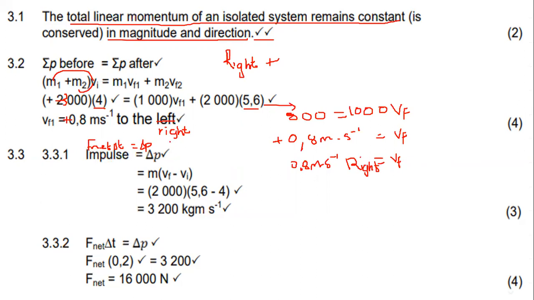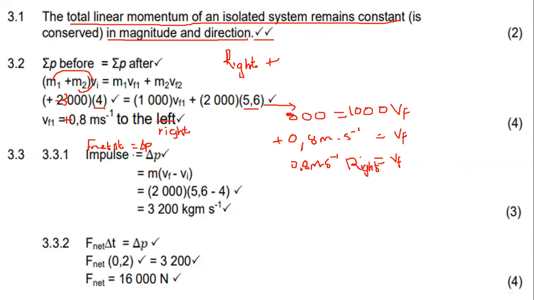And my advice is always start with that formula, because this is the one that we give you in your formula sheet. Then you can tell them that F net delta T is actually impulse, which is equal to the change in momentum. And that will be MVF minus MVI.